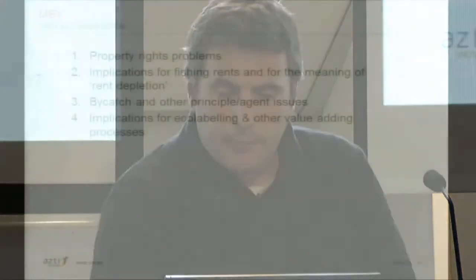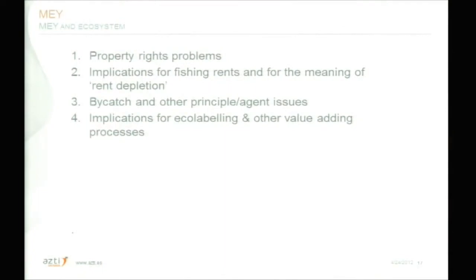We also have to take into consideration implications for eco-labeling and other value-adding processes. We also have to consider the problem with the ITQs or IQs, where some fish can be considered only as inputs to the system, not as an output.